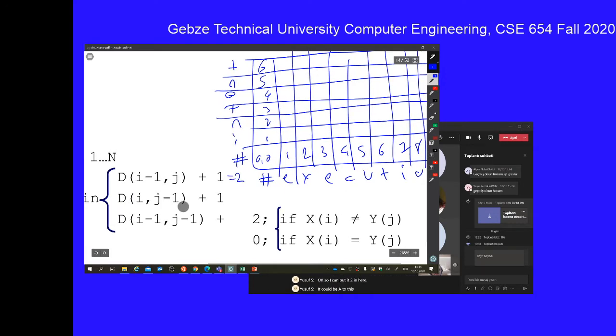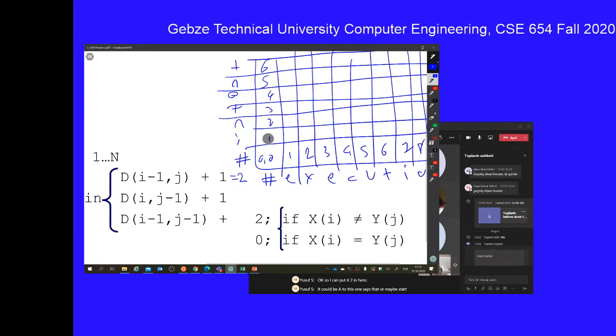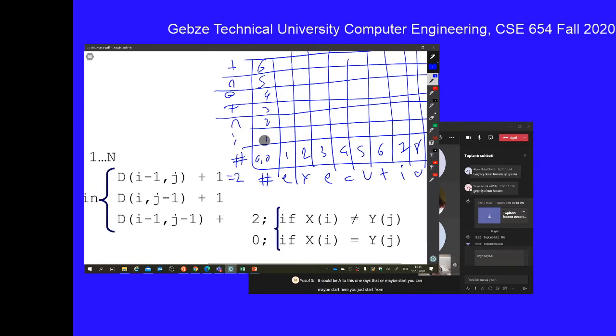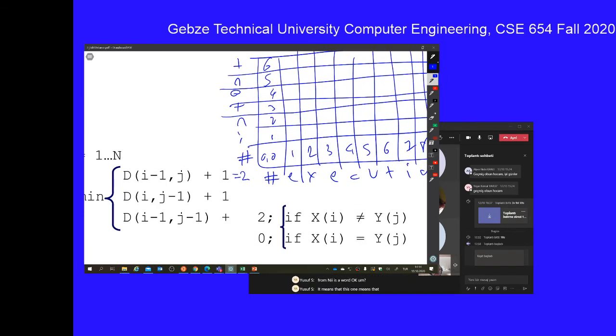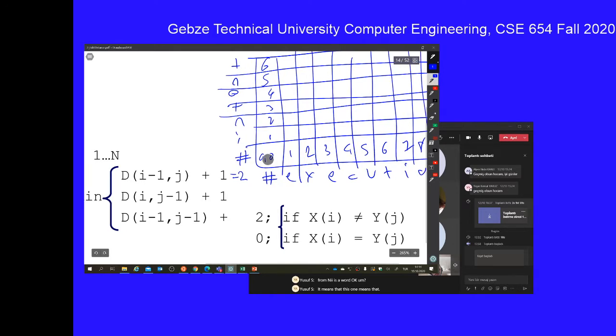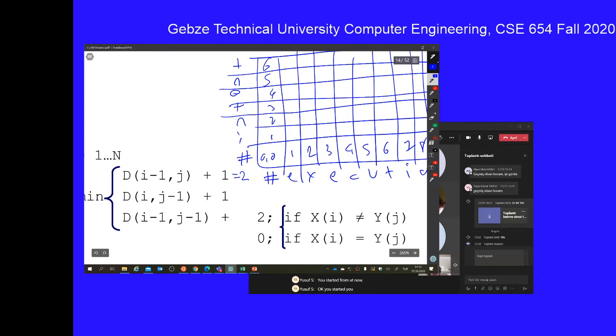It could be a 2. Or maybe you can start here. You just start from an I. I is a word. This one means that you started from a null.